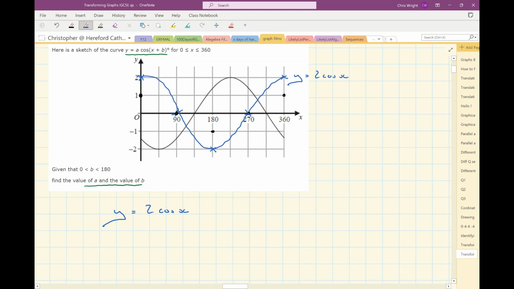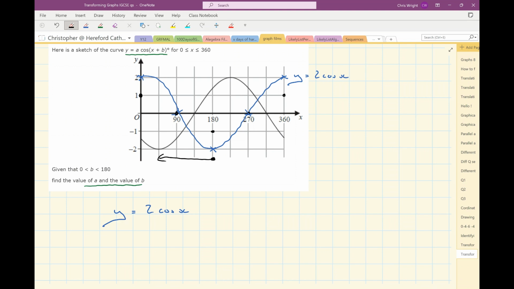Well, just having to think about that for a moment. Look at that. If I were to take this point and translate it 3 squares to the left, then the blue curve will be translated to the black curve.